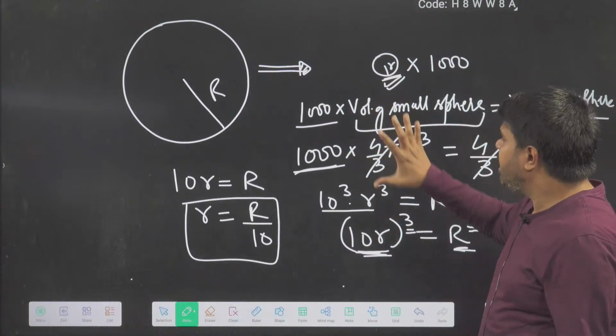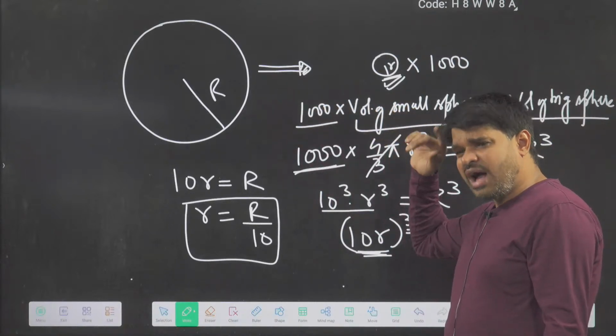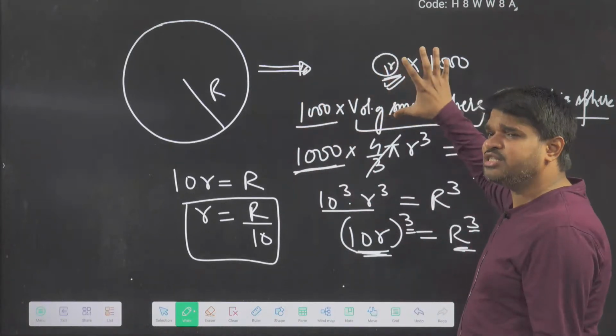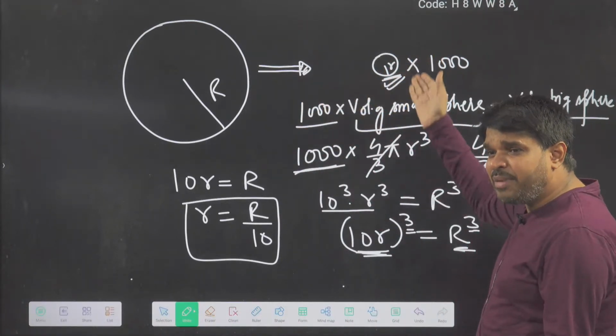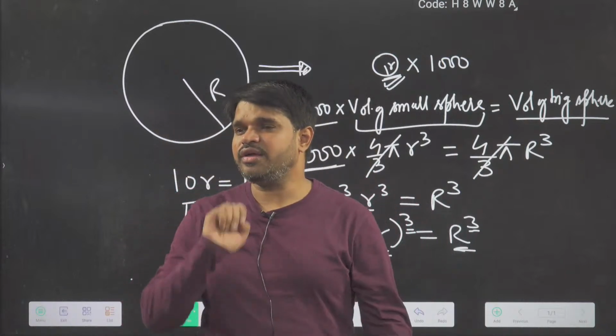Yes. Why? Here you are splitting big into small. I am going to do the opposite. I am combining small into big. But the mathematical logic will be the same. So you can write it also.